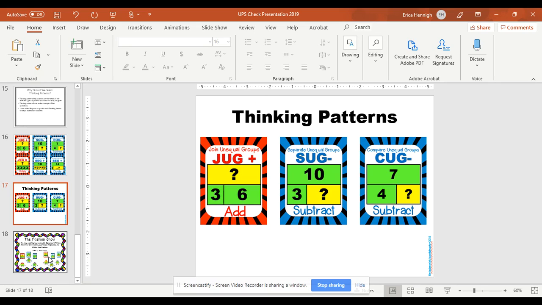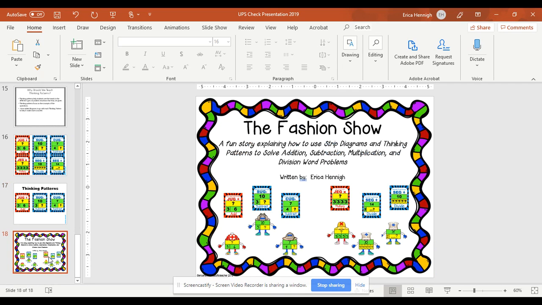When we changed the thinking patterns to be aligned with our new TEKS vocabulary, we also made these little strip diagram characters, and I wrote a little silly, cheesy book that goes along with those to explain where those strip diagrams fit in with the thinking patterns and the operation that they go with. So that's a little bit of background on that.